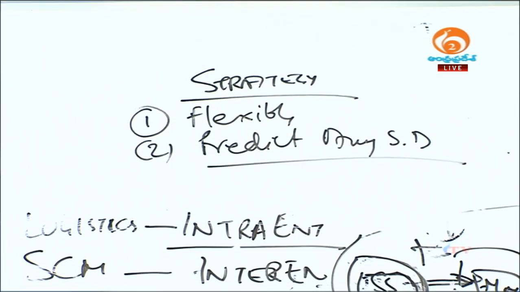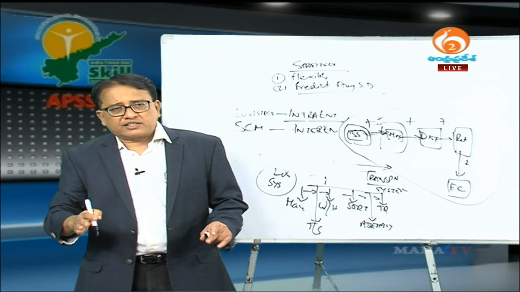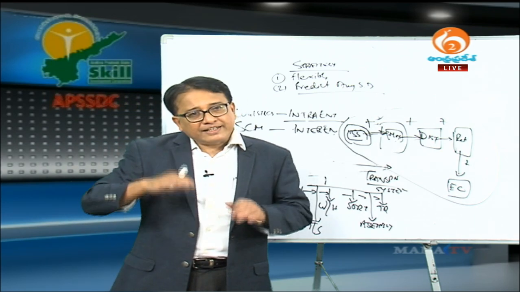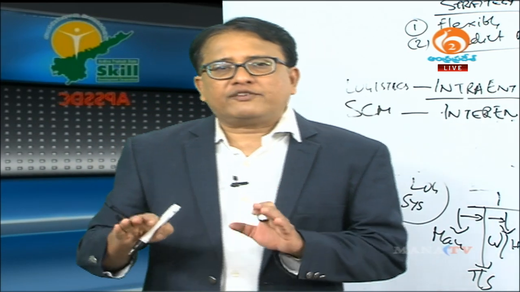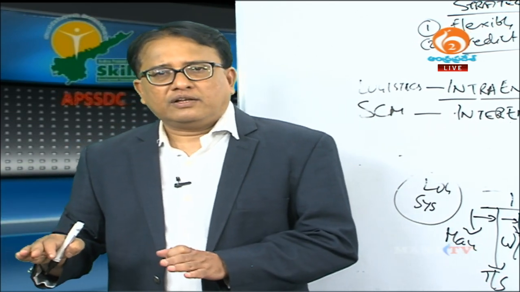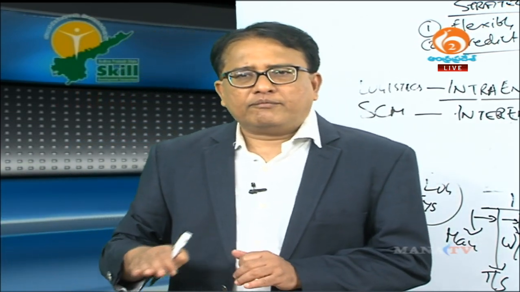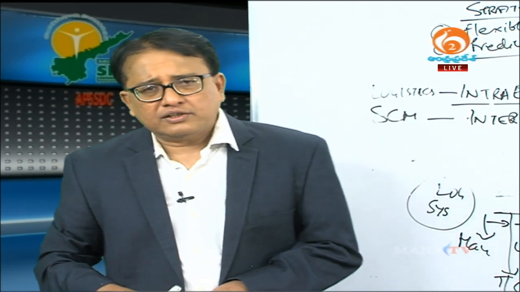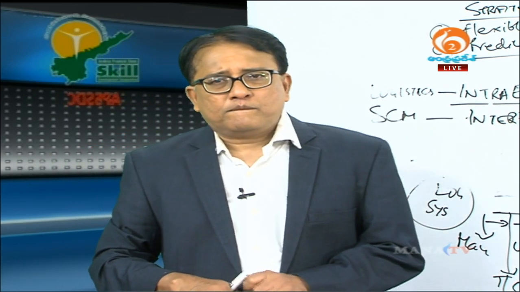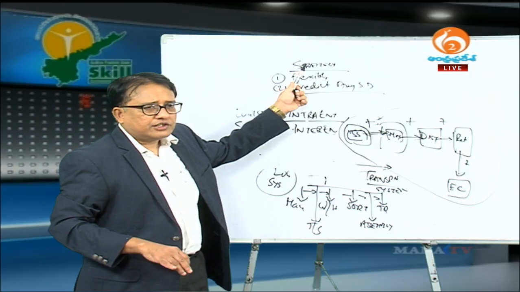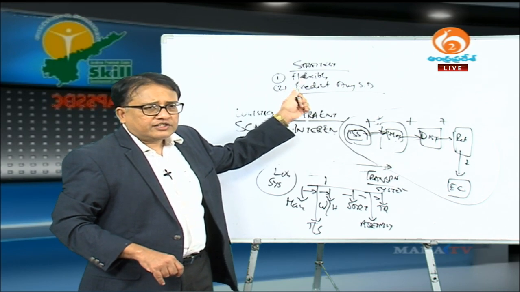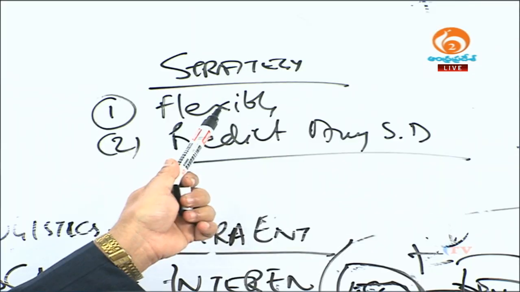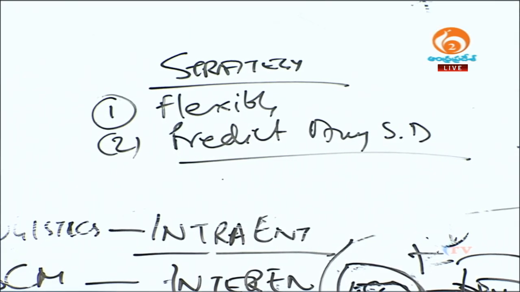Predict, the word is predict, forecast, foresee, see in advance whether there is a possibility of the services getting disturbed down the line, so that they can respond, address the issue and quickly arrive at a solution. So, that should be the strategy. That is the reason why there should be a strategy, to make the system flexible and to make the company proactive.